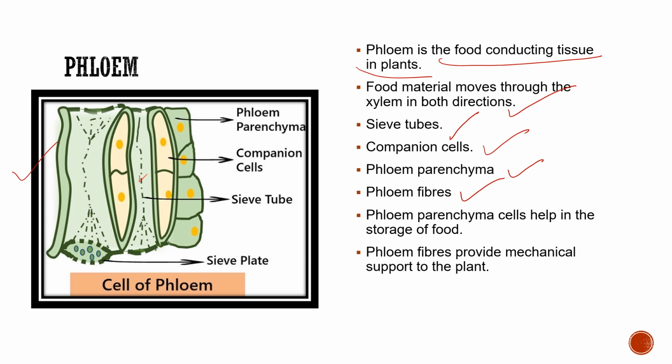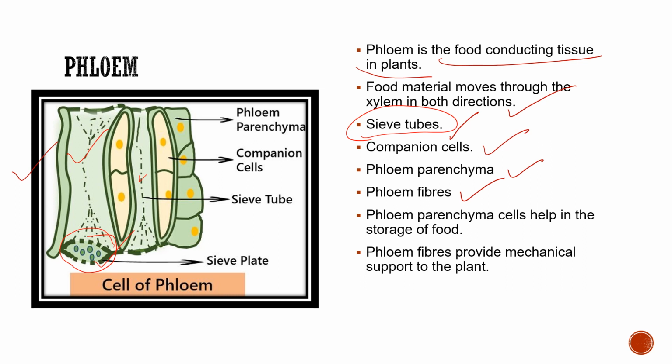This is the sieve tube. Is it clear? So their end walls have minute pores called sieve plates, and at the end of the sieve tube we get the sieve plate.